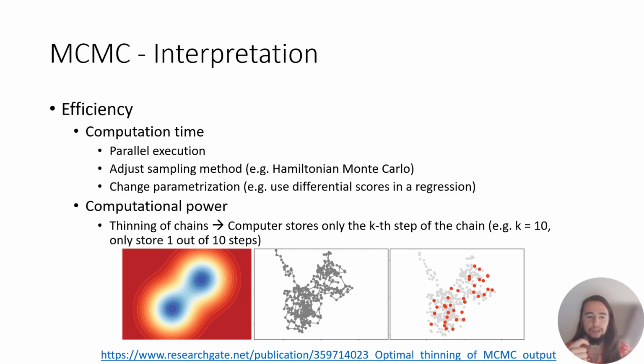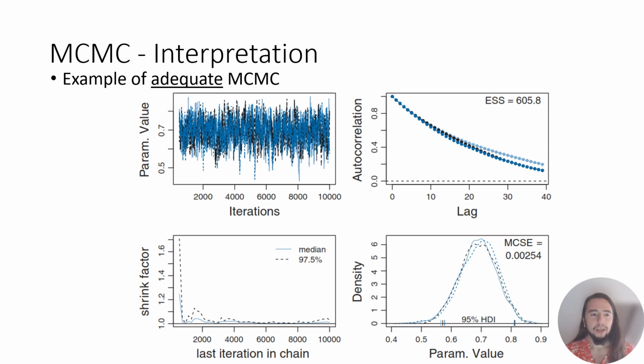In addition, we can save computing power with the so-called thinning of chains. We can increase thinning to decrease the computational space that is required.